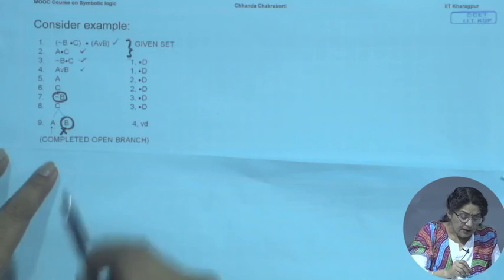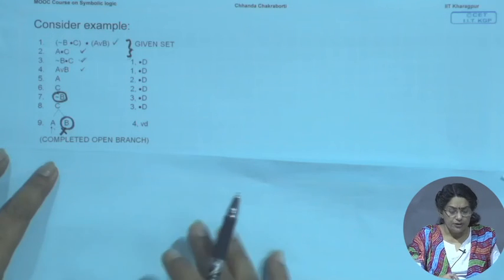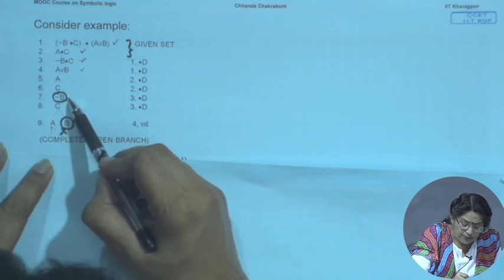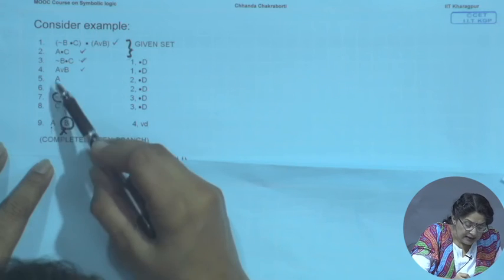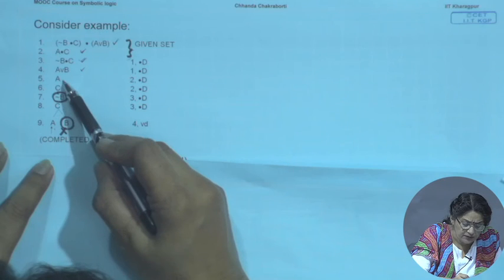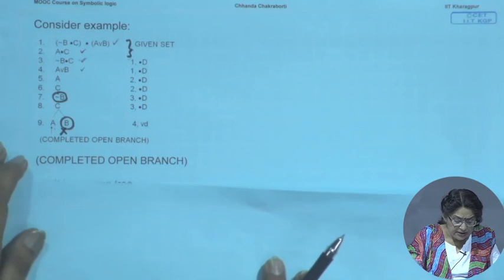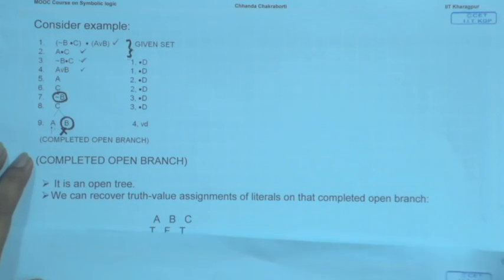Fine. This provides us the right opportunity to recover partial truth values. From this I can see that A is true, C is true, not B is true. Not B is true means B is false. And these are the only literals that have appeared. You get the repetition of this information here, C is true, A is true, which is already given here. So, from this we can now form a small truth table.